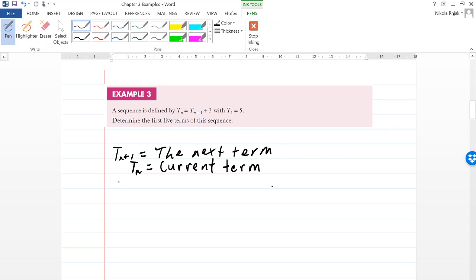And if you see t of n minus 1, then this generally refers to the previous term. Okay, so if we say Tn, the middle one, is the current term, then T of n plus 1 is the next term, and then T of n take 1 is the previous term. All right, so keep that in mind.